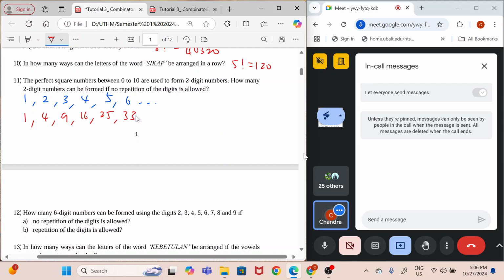These are all perfect square numbers. You can keep on going. 7 square becomes 49.